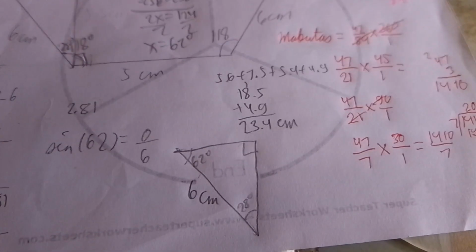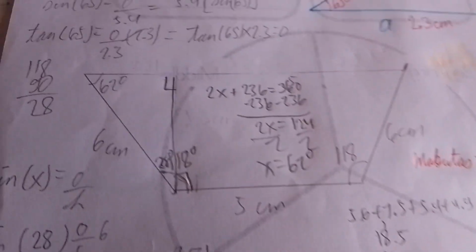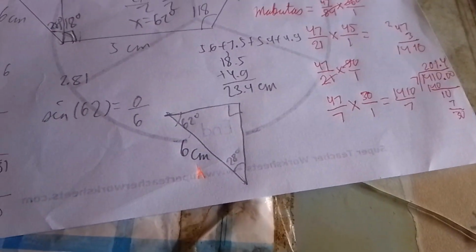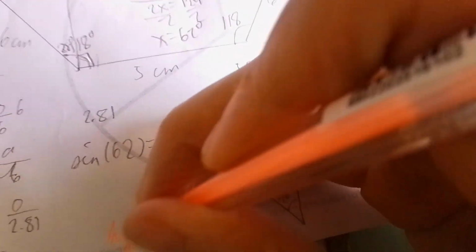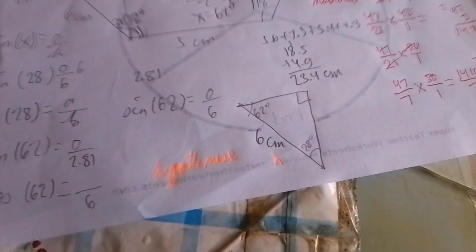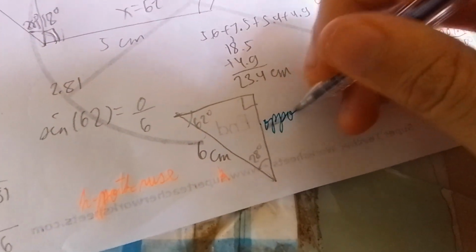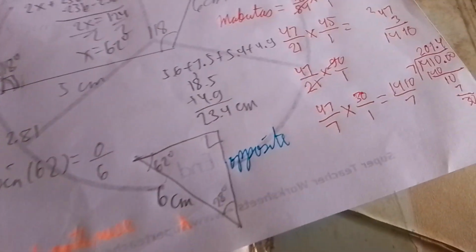So, labeling your triangles, remember what we have here? This is what you call your hypotenuse. Yes, the one in orange ink represents the hypotenuse. Then the one in blue represents your opposite.